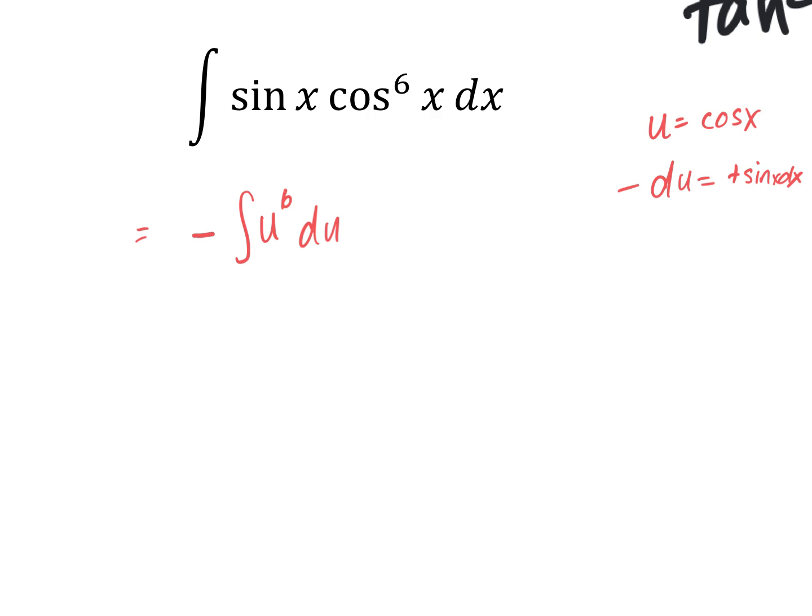Now, what's the integral of u to the 6th? Negative 1/7 u to the 7th plus c. So this becomes negative 1/7 cosine to the 7th of x plus c. Do we feel okay with this?